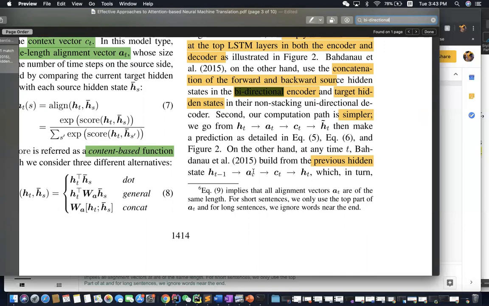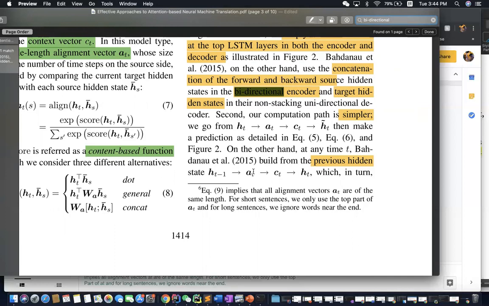You have to use the prediction from the last time step. So the decoder only has information from the previous one? Yeah. Oh, okay, that makes sense. That's why Bahdanau only uses the bidirectional encoder, while the decoder only uses one direction. Yeah, this is a good point.